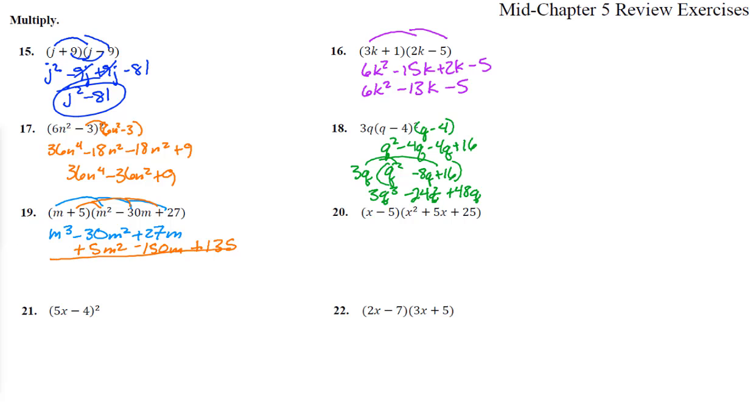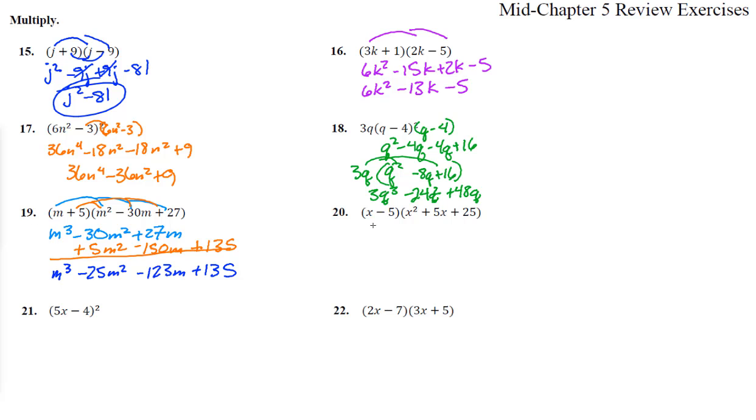All right, and those guys add together and we end up with m cubed minus 25m squared minus 123m plus 135. And that is the answer of 19.